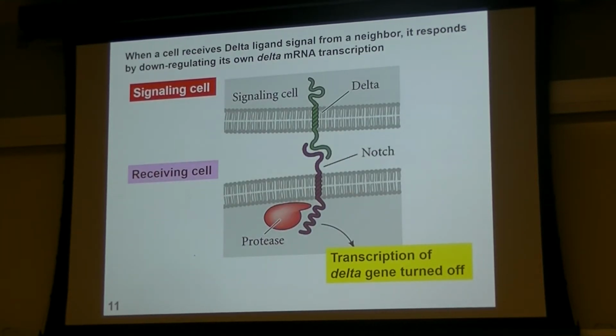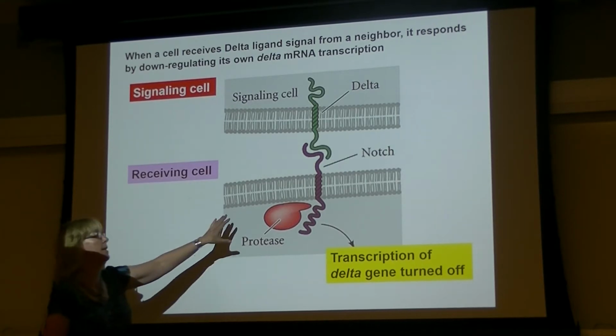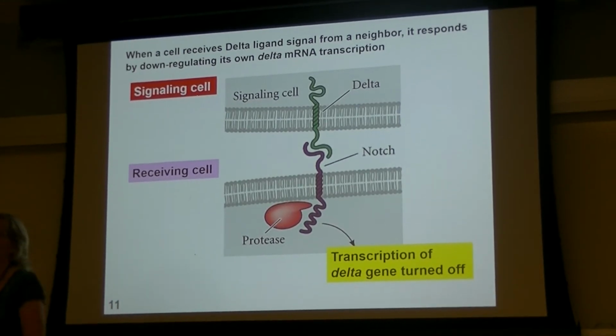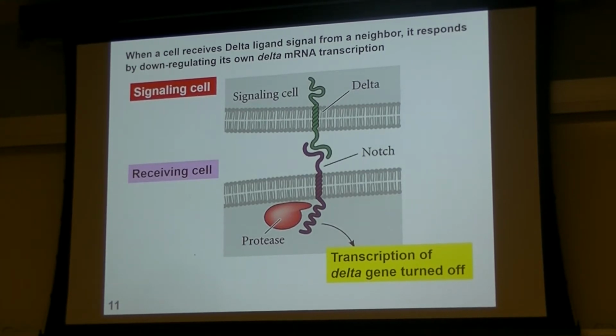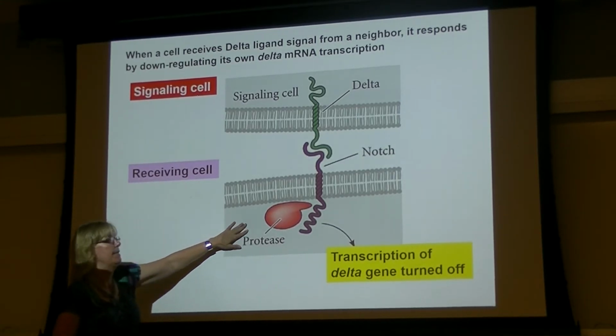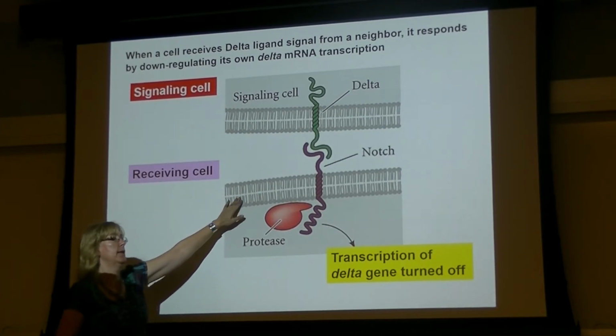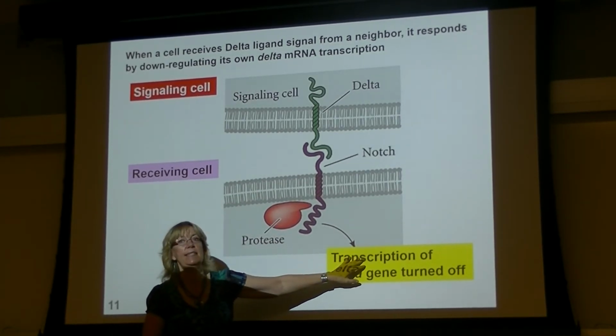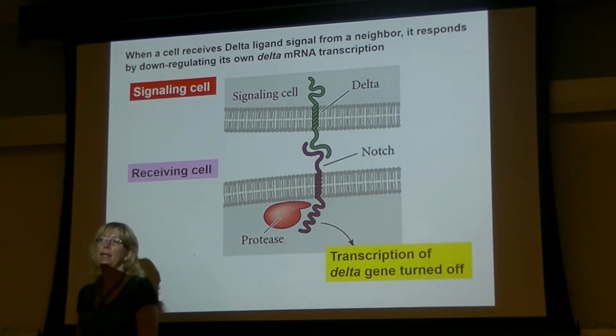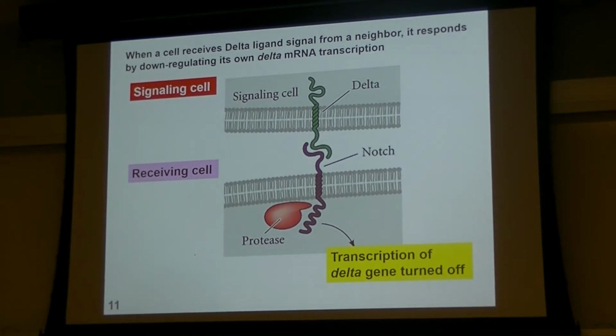So here's one thing. When the signaling event occurs, the one who receives the signaling from delta on the neighbor, that receiver cell is ultimately going to downregulate its own delta transcription. As a result, this receiving cell, who was originally expressing delta, is going to tend to downregulate the additional expression of delta, and over time might decrease its own delta ligand expression on the cell surface.